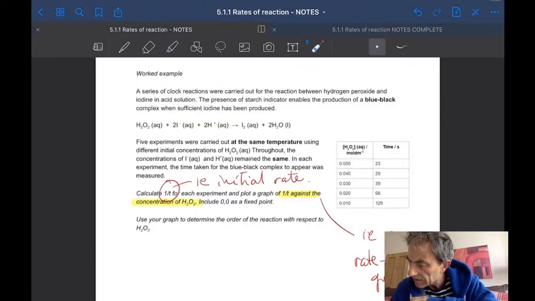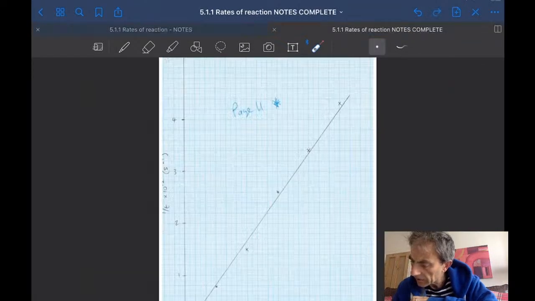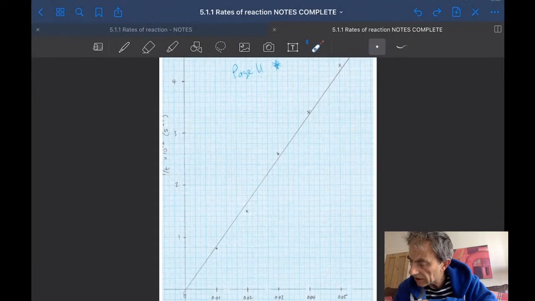Yeah, so I've turned these all into 1 over t's, times 10 to the minus 2. Sorry that when it's scanned in, it's just missed off that 10 to the minus 2. You might just be able to see it there. Anyway, what's it generated? It's generated a straight line graph through the origin. So we had to include that 0, 0 as a fixed point.